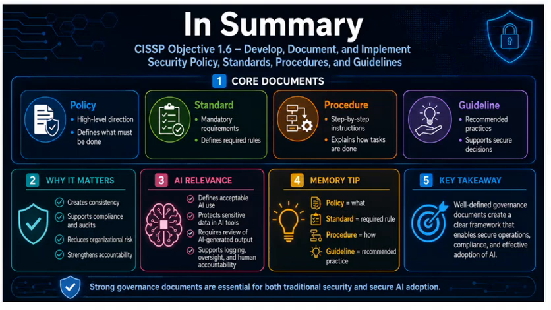In summary, CISSP Objective 1.6 focuses on creating and maintaining the security documents that guide how an organization protects its information systems, data, users, and business operations. These documents include policies, standards, procedures, and guidelines. Together, they help the organization define expectations, assign accountability, enforce controls, and demonstrate due care and due diligence. A security policy provides high-level direction. It explains what the organization expects and what must be protected.